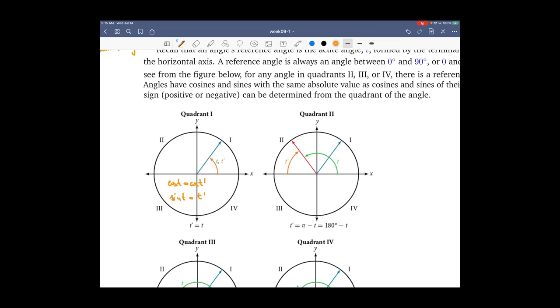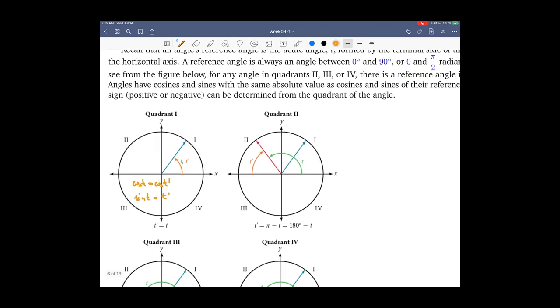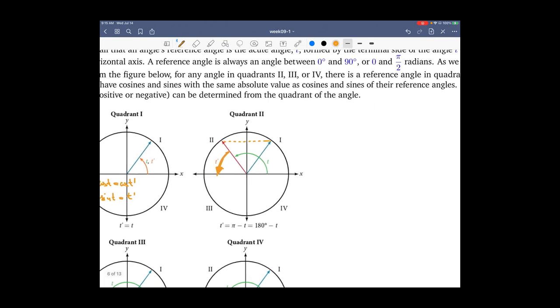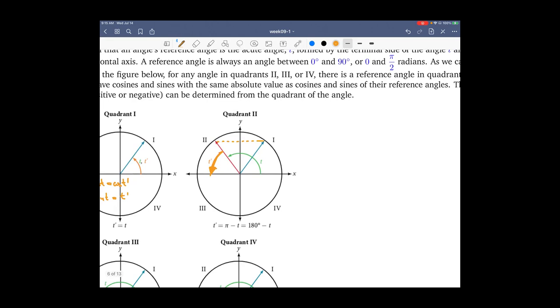If our angle is in quadrant 2, we find the reference angle like this, and immediately see that cosine of angle t, the x-coordinate of this point, differs from cosine of angle t prime, which is this angle.